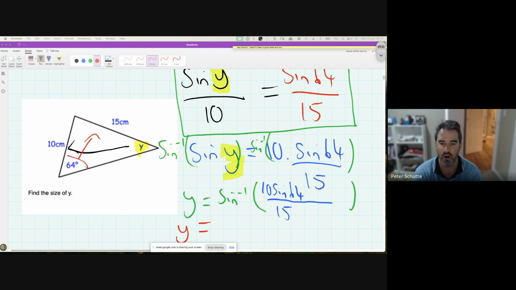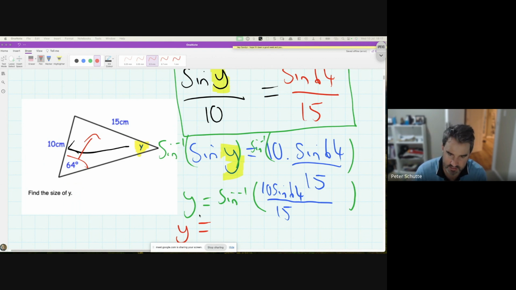So the steps are shift sine, open up the fraction, so hit the fraction button, and then on the top you type 10 sine 64, then close the bracket, then go to the bottom, type 15, and then close the big bracket around everything, then hit equals.